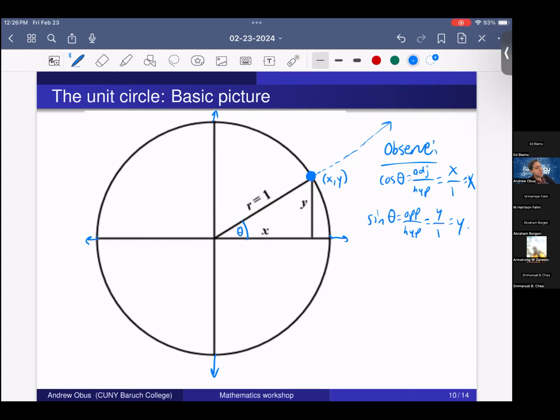If I wanted to do sine or cosine of 135 degrees, I would just draw this line over here. This has an angle with the x-axis of 135 degrees. And then whatever this point is, the x-coordinate is going to be cosine of 135 degrees, and the y-coordinate is going to be sine of 135 degrees. Okay? So that's it.